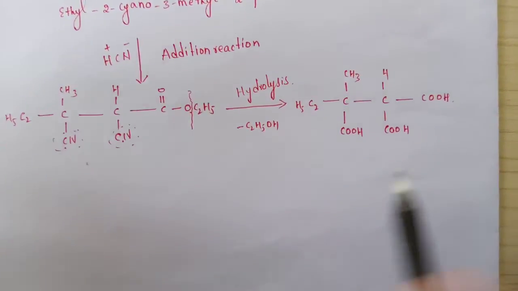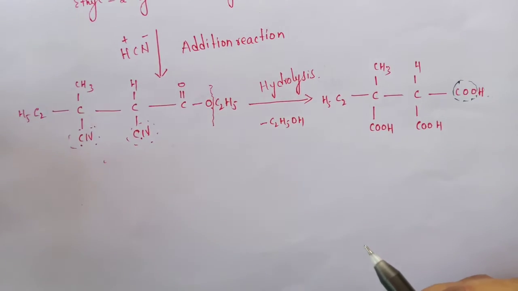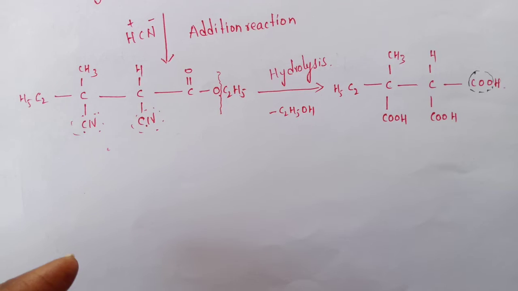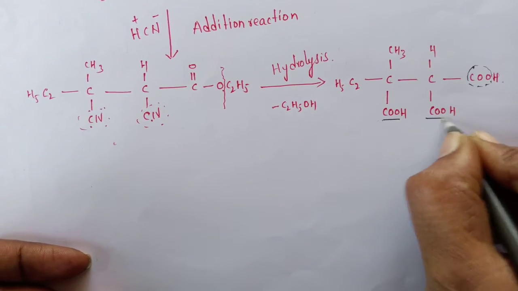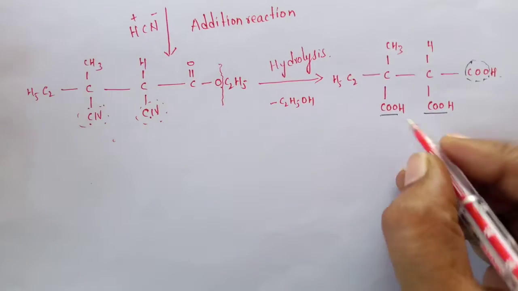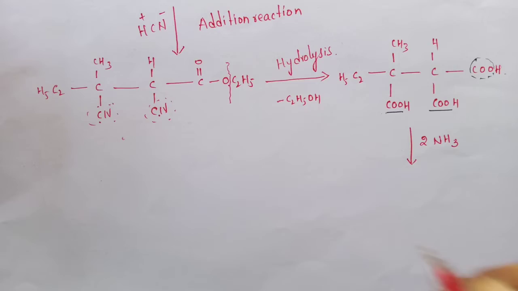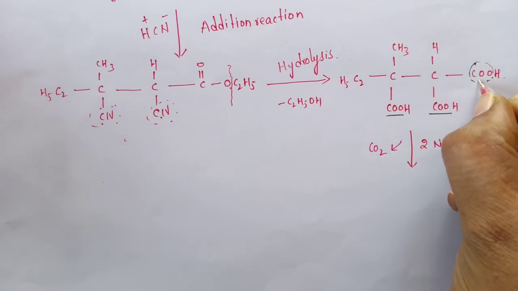The next step is decarboxylation. By decarboxylation there is a loss of carbon dioxide, and the obtained molecule with 2 carboxylic groups is converted into amides simply by adding 2 molecules of ammonia, along with the loss of 1 molecule of carbon dioxide.